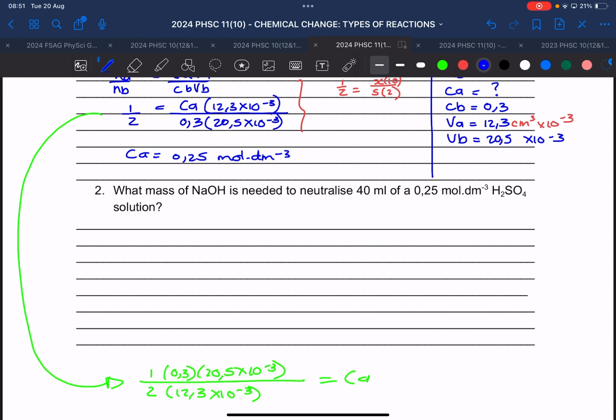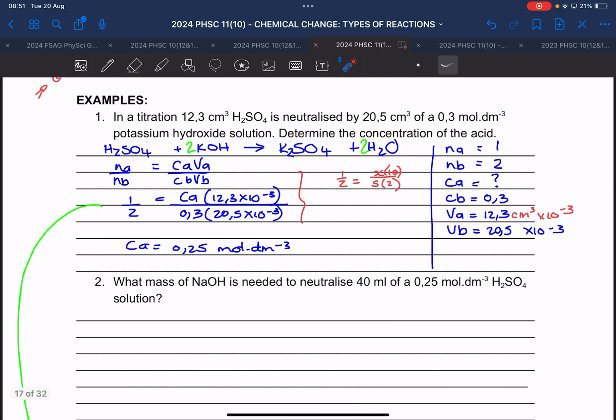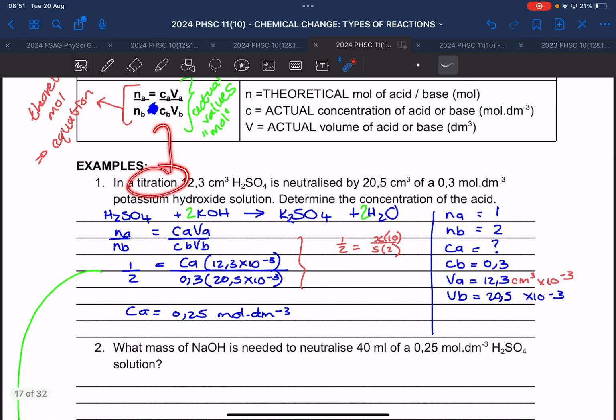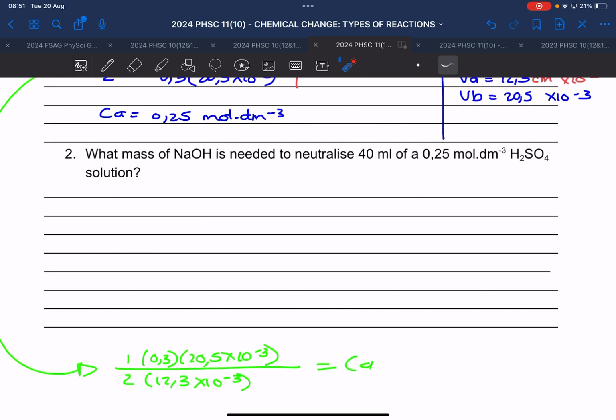Yes? Sharp. Okay, next one they ask, what mass of sodium hydroxide is needed to neutralize so much sulfuric acid solution? Now you read the word neutralize, you think of titration, you think of this formula. So again, we start with our info table.